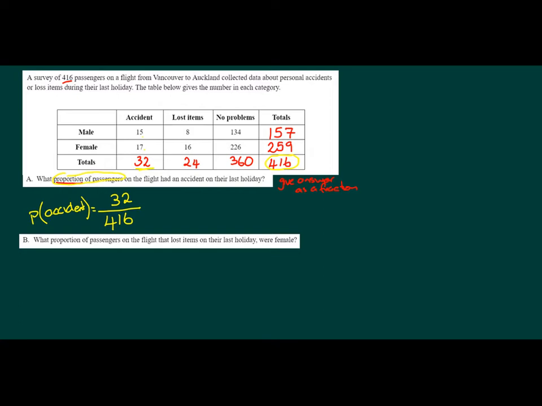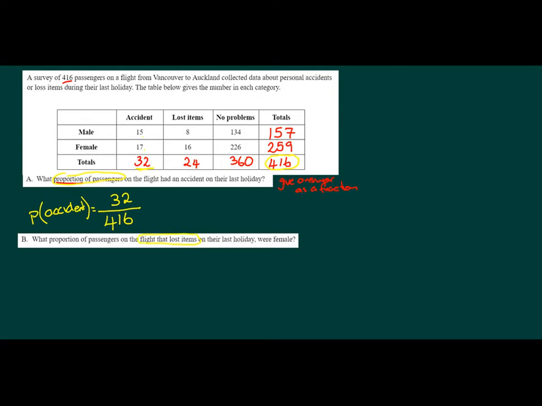For the next question, it's asking which proportion of passengers, so again, we are looking at all of the passengers on the flight that lost items on their last holiday were female. So now we've got ourselves a bit of a condition going on. So when we look at this particular question, it's saying on the flight that lost items. So we're looking at this bit here first.